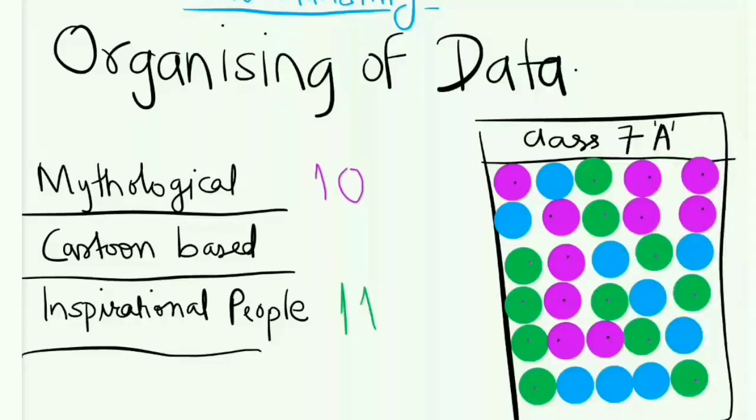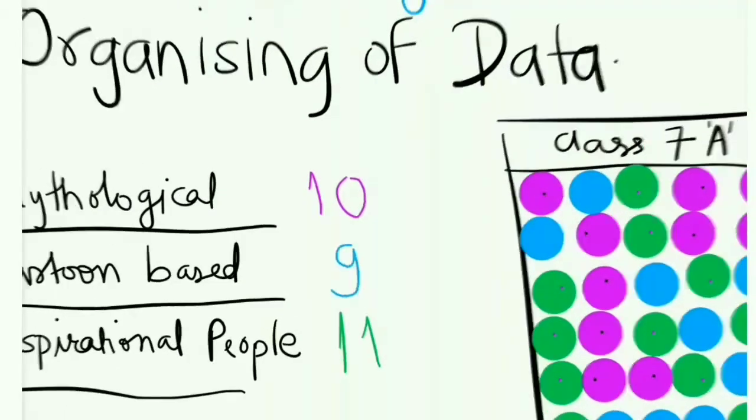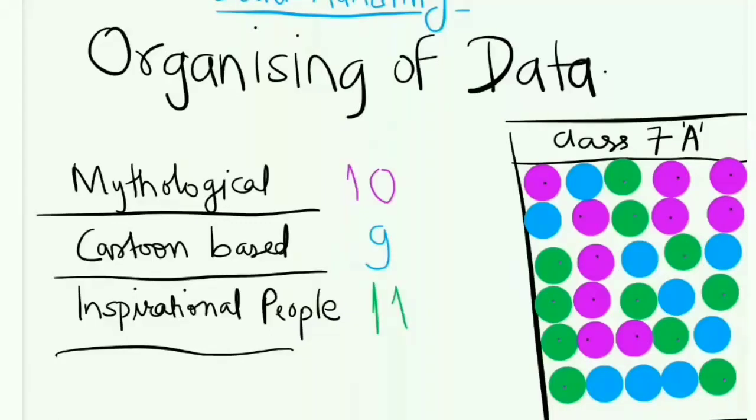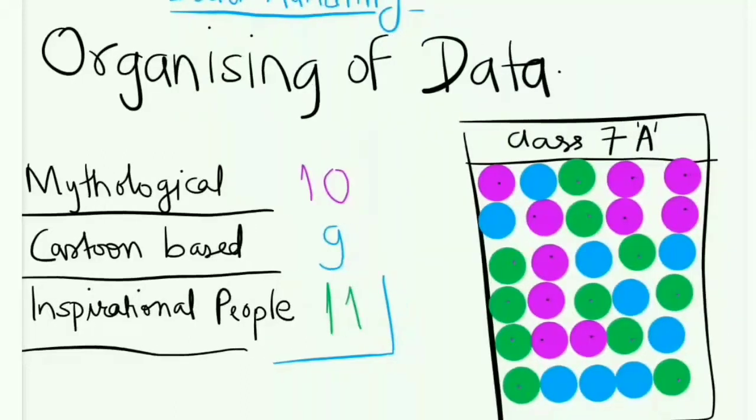And 1, 2, 3, 4, 5, 6, 7, 8, 9. 9 people want a cartoon based theme. So which one is most popular in this class? 11, that is the inspirational people theme, is most popular in this class.